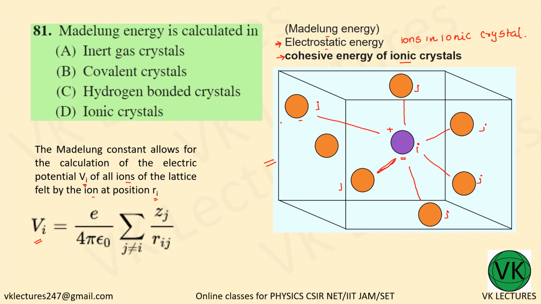So in this formula Vi is equal to e by 4 pi epsilon naught, sum over Zj divided by Rij, where j not equal to i. And what is Rij? Rij is the distance between the ions; this is Rij for the first particle interaction, this is the second Rij, and similarly for all. So Madelung energy is for calculating the energy of ionic crystals.